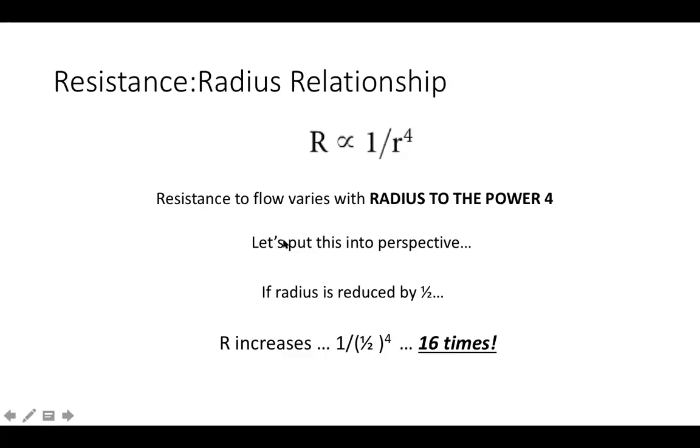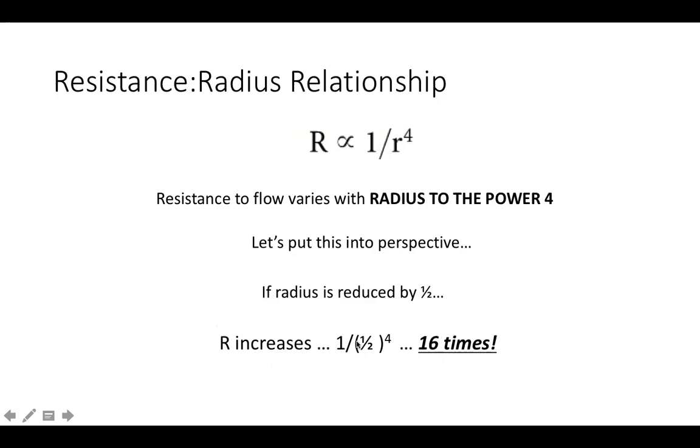And so we can state this relationship by saying resistance varies inversely with radius, but it's to the power of 4. If we put this into perspective, if we cut the radius in half, that is actually going to change the resistance to flow by a factor of 16.